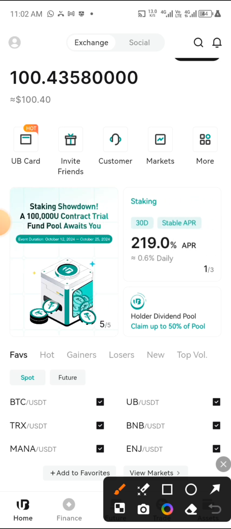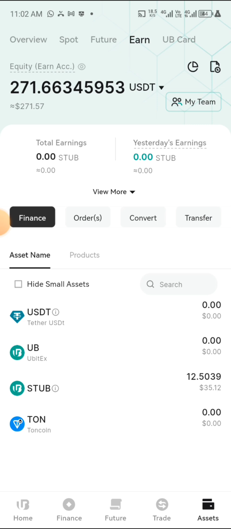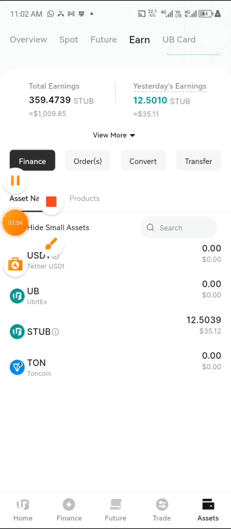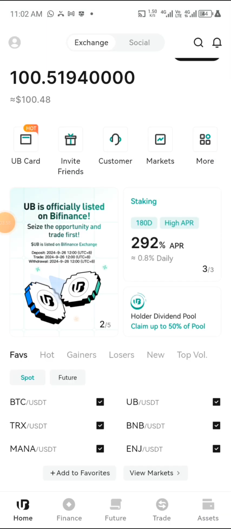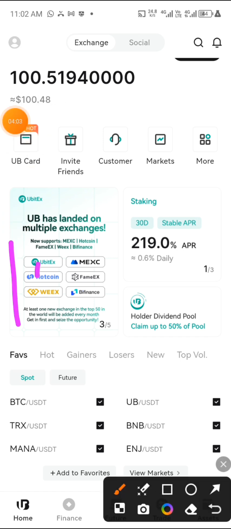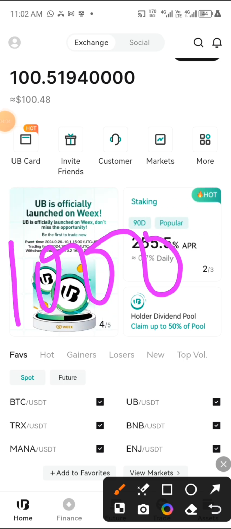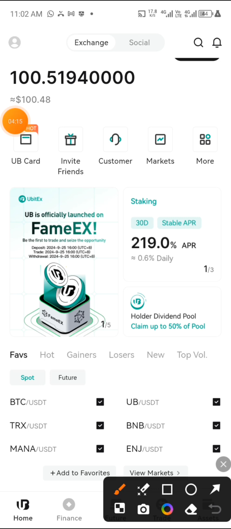someone, and that person was able to stake about, you can see my balance here, you can see how much I've earned so far from it, $1,000. For instance, let's say that person stakes $1,000, or you have a team that has up to $1,000 in total.